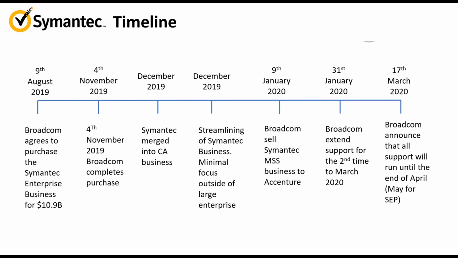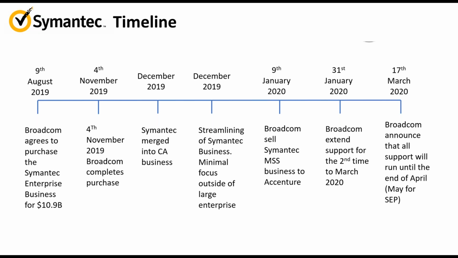So what do we know about Broadcom? About a $20 billion US-based business. Significantly to the tech world, they own Brocade, and they also own CA. And quickly into December, we saw the Symantec business fully merged into CA.